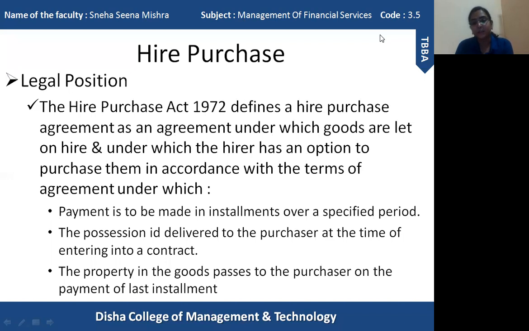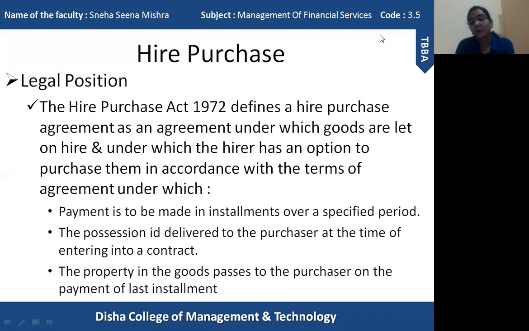Now, the hire purchase agreement is defined as an agreement where the seller lets the good on hire. Means the hirer can take the goods on a rented basis. Clear?